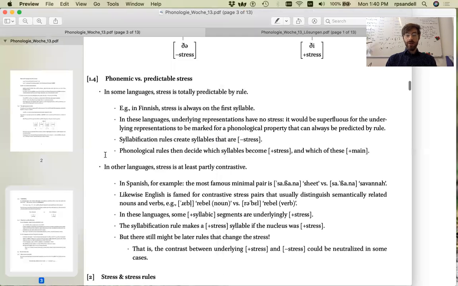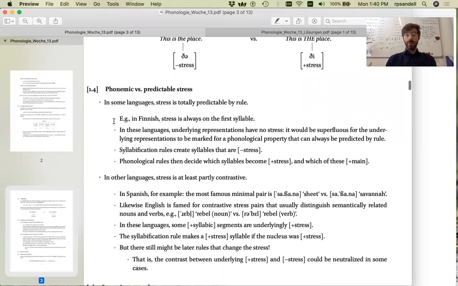Now, in other languages, including English and Spanish, which we've already mentioned, stress is at least partly contrastive. So in Spanish, for instance, we can consider the famous minimal pair, sábana, a sheet, versus sabana, savanna, the type of landscape found in Africa.